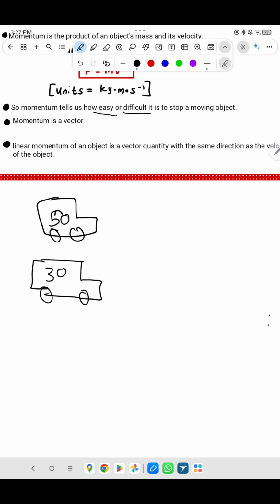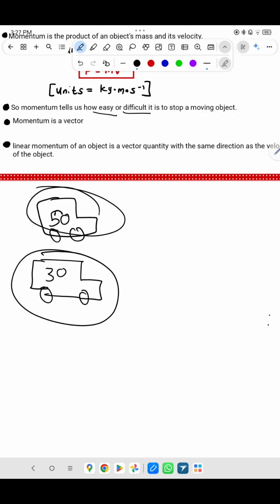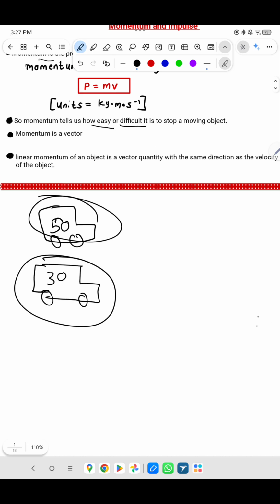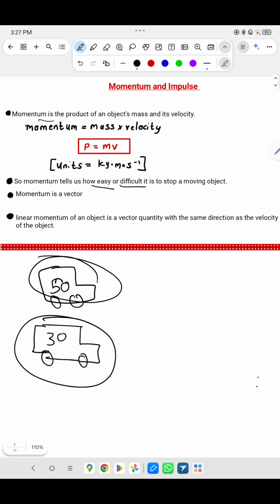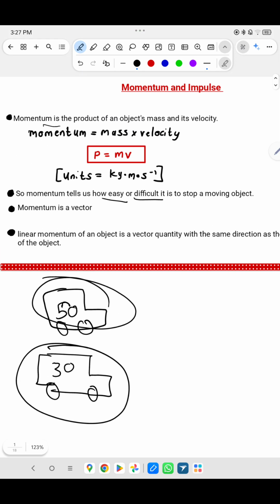Comparing these two cars, it will be much more difficult to stop the first car because it has a momentum that is greater than the other car moving at 30 kilogram meters per second.